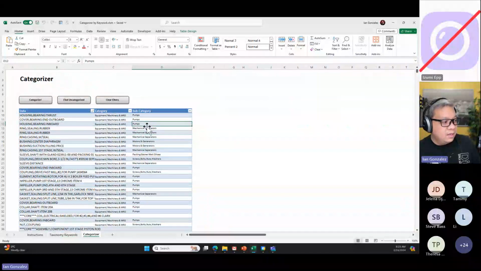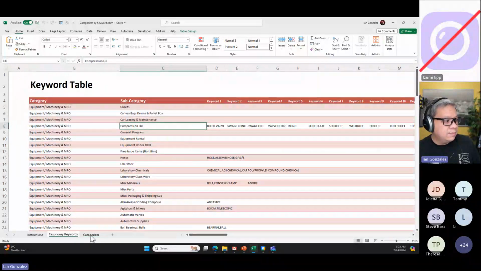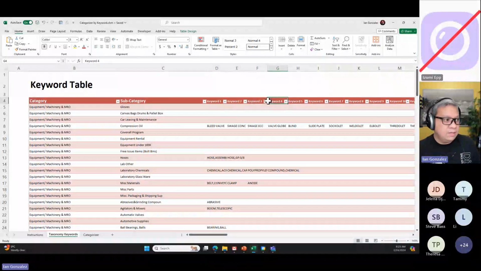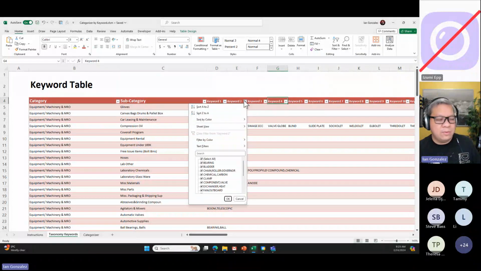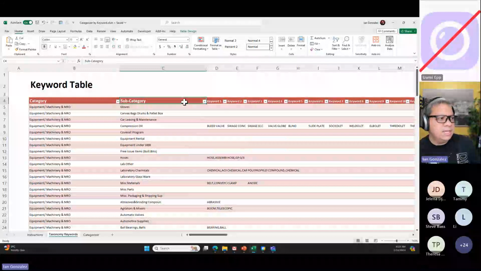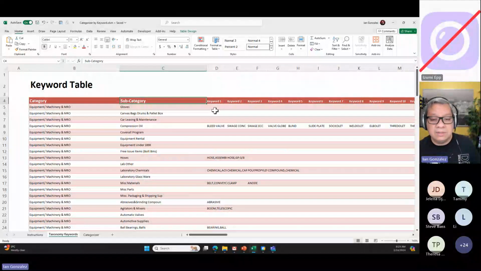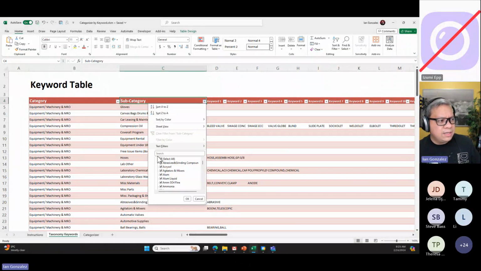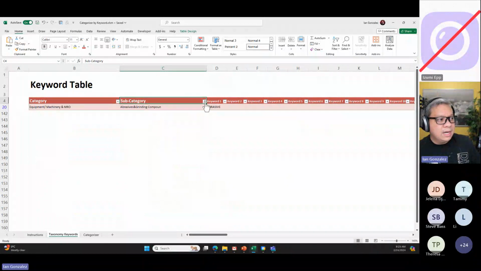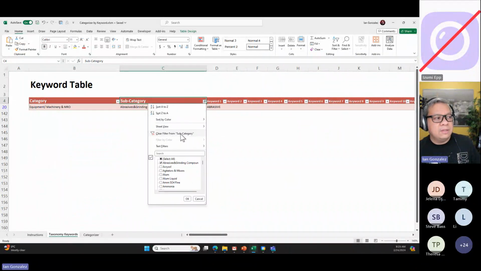Okay, no problem. On purpose, I did not put filters here. You can if you want to, but you might forget that there are filters, and then you'll say, why is my table so small? So by default, I remove the filters, but there's no real issue if you put filters. Just make sure that if you do want to filter things, like when you're auditing your keywords, you unfilter it before you run the macro.